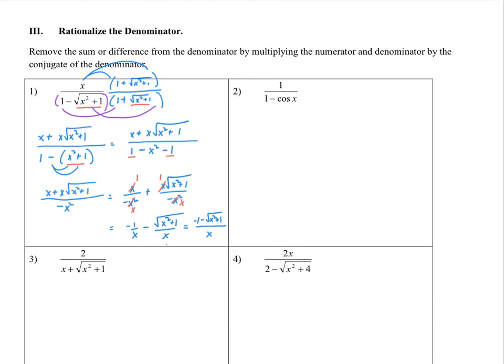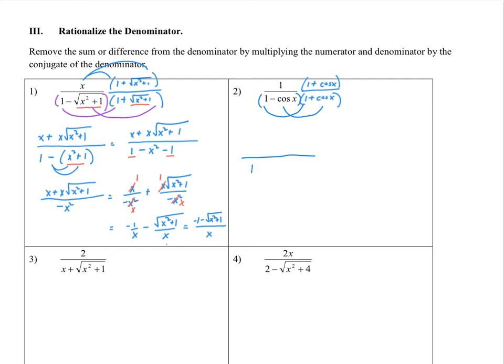For number 2, we're going to rationalize 1 divided by 1 minus the cosine of x. In order to do that, we got to multiply the numerator and denominator by the conjugate, which is 1 plus cosine of x. Now to get our denominator, we can use our first-last multiplying technique.